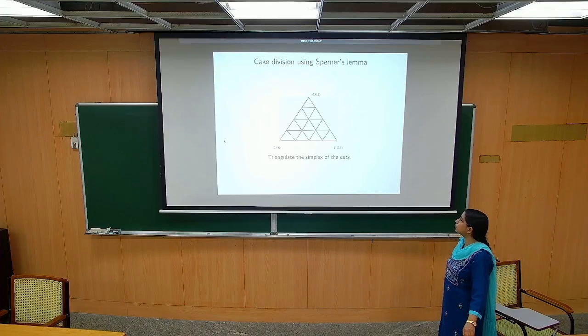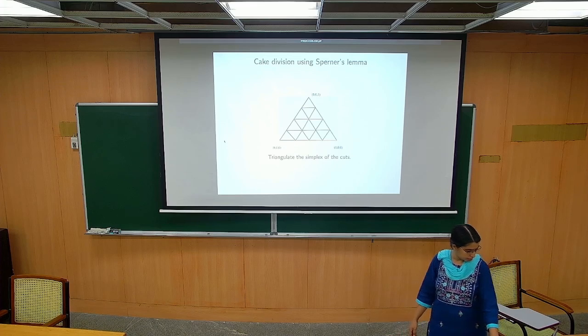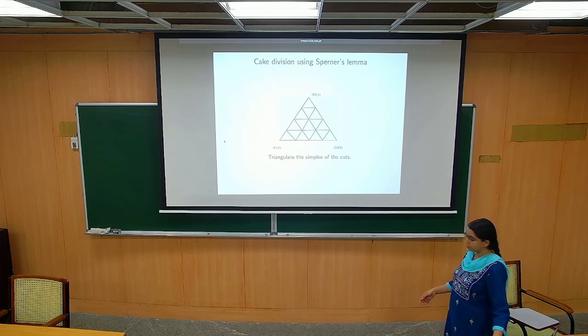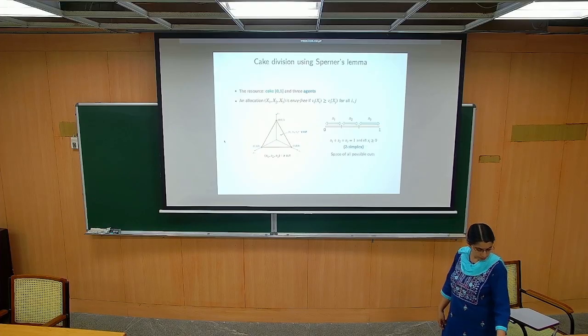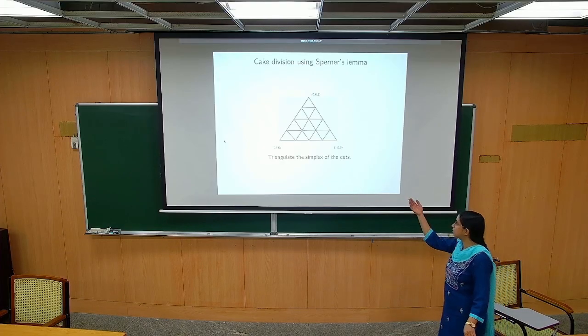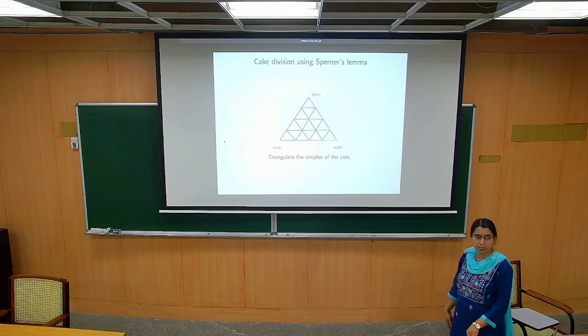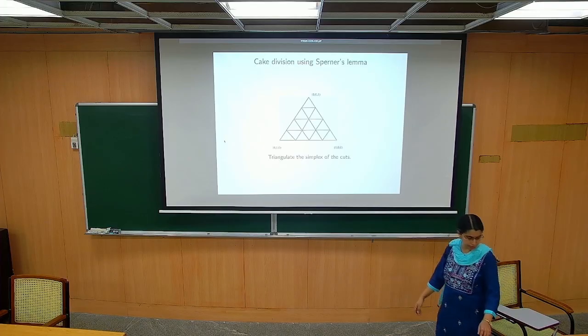Okay, so now we want to use Sperner's lemma and a fully colored triangle to get our cut. This red colored triangle that we had is now our big triangle, and we will triangulate it like the way we did for Sperner's lemma. So triangulate it into small triangles in whatever way we want.